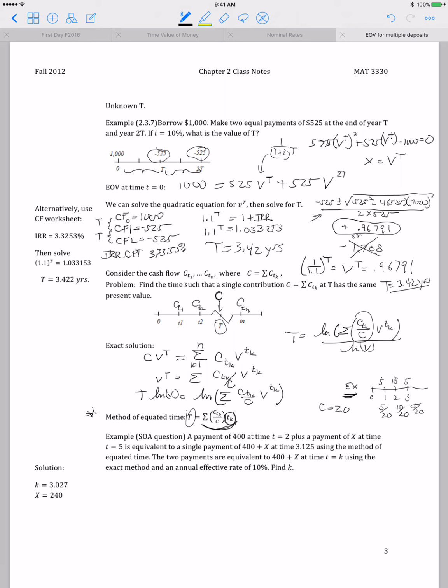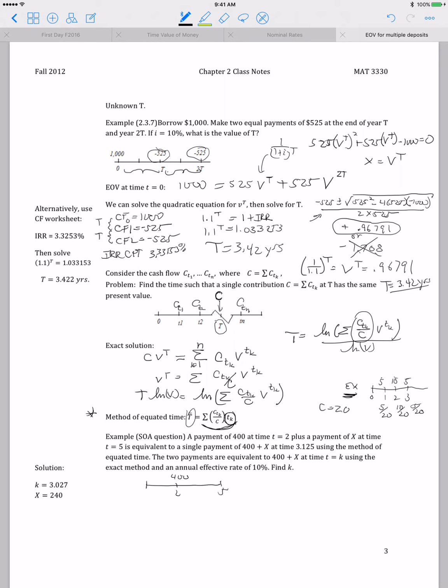So here we're given two statements with information, one using the method of equated time, the other using the exact method, and we want to apply both of these formulas to find the unknown that's asked for. So let's draw a picture first, and let's use the method of equated time first. At time 2 we have a payment of 400.